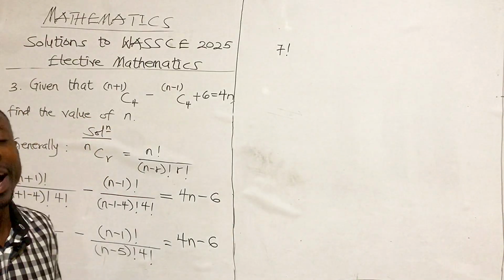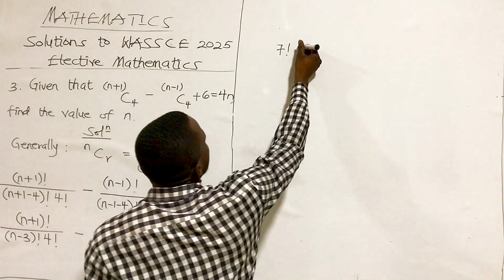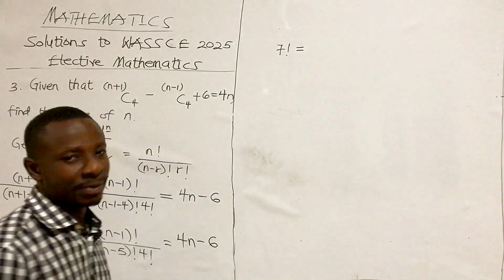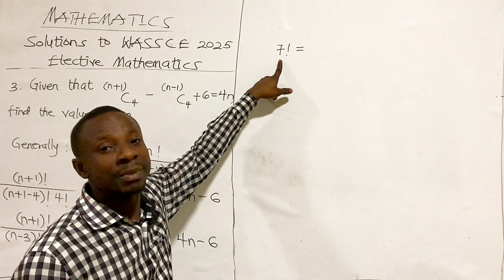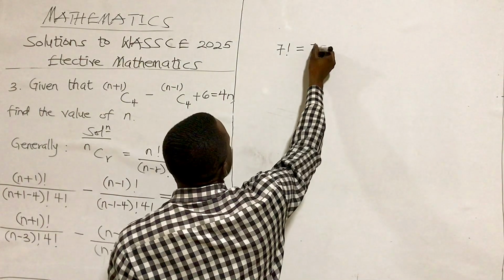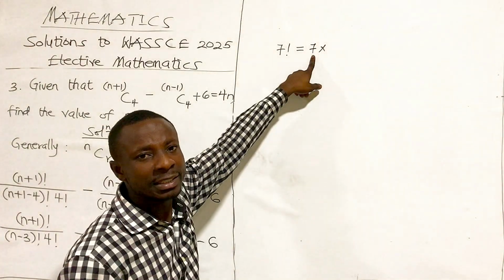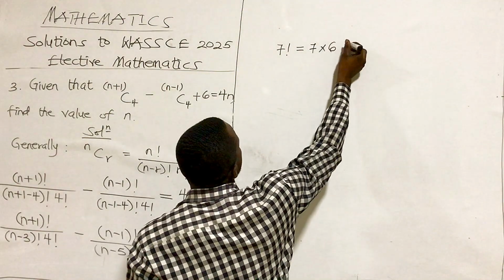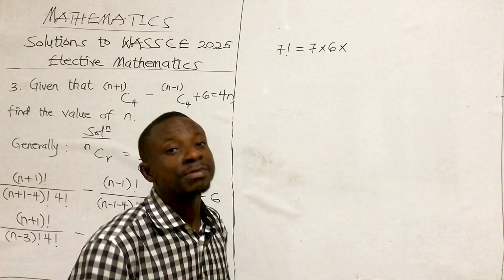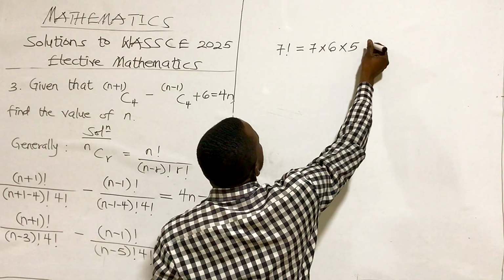If you are asked to find 7 factorial, let's look at the expansion. With 7 factorial, we start from the 7, multiplying by the difference 1 of the 7, giving you 6. Multiplying by the difference 1 of the 6, giving you 5.